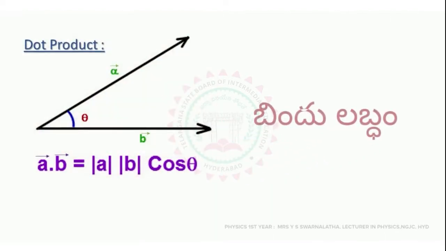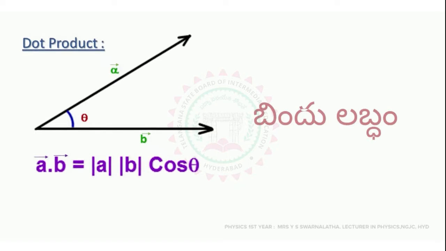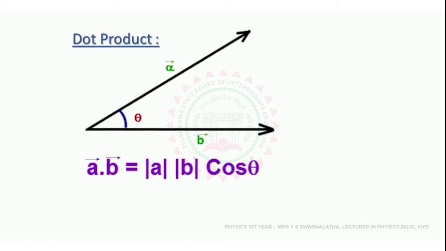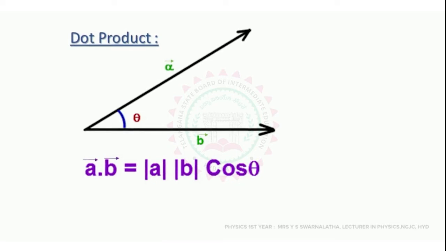If we take two vectors a bar and b bar with angle theta between them, then their dot product will be equal to the magnitude of a multiplied by magnitude of b multiplied by cos theta. రెండు సదిశలు ఏ బార్ మరియు బి బార్ యొక్క బిందు లబ్దము ఏ బార్ డాట్ బి బార్ ఈక్వల్ టు ఏ యొక్క పరిమాణము మరియు బి యొక్క పరిమాణము వాటి మధ్య ఉన్న కాస్ థీటాని మల్టిప్లై చేస్తే వస్తుంది.